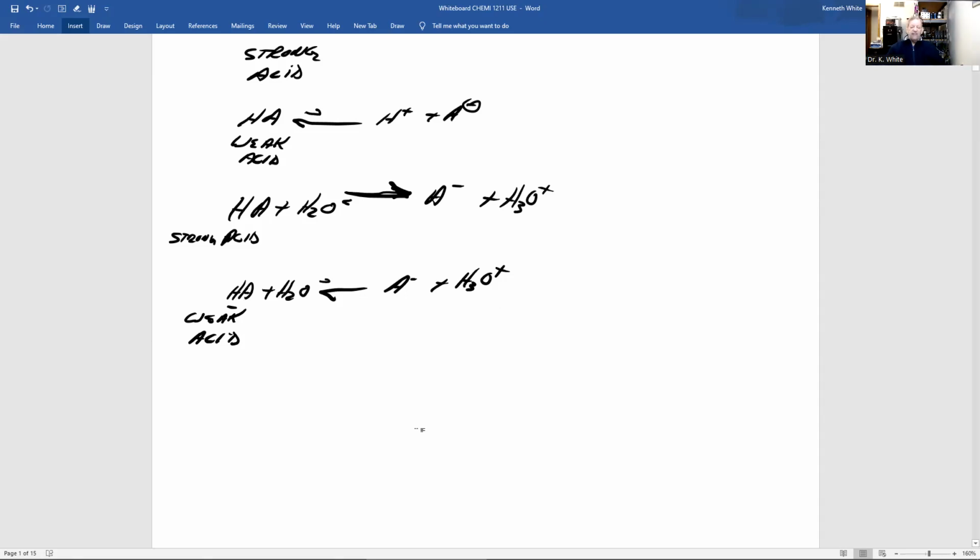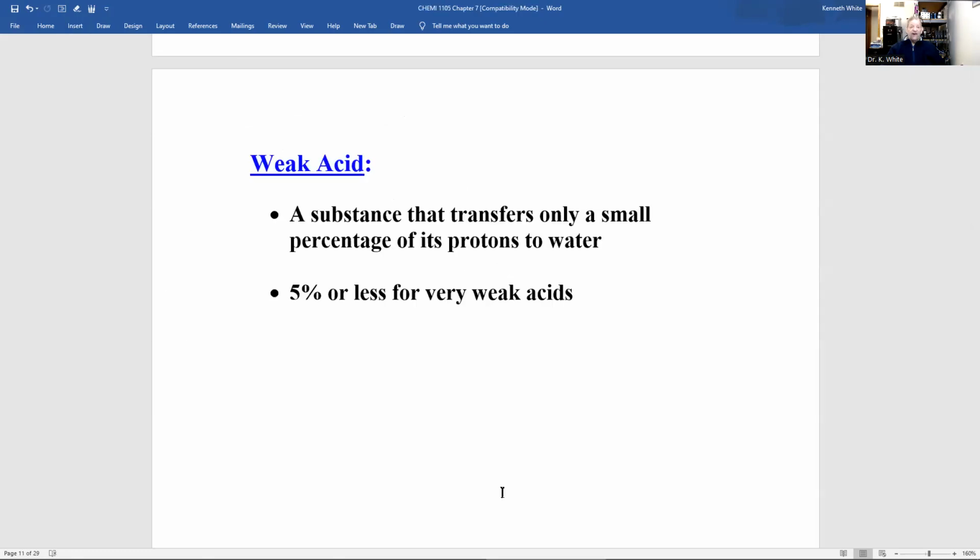Now, what's an example of a weak acid? Funny, you should ask. Acetic acid in water. This is a weak acid. You can use vinegar. You can use it for cooking. I do.